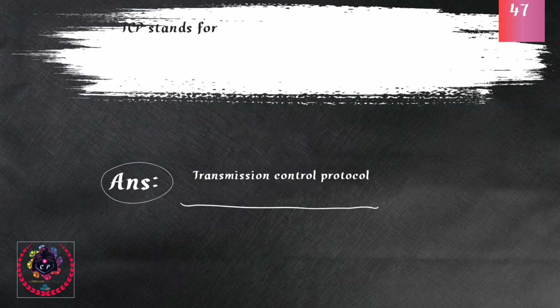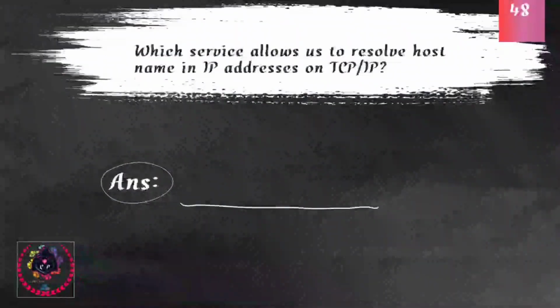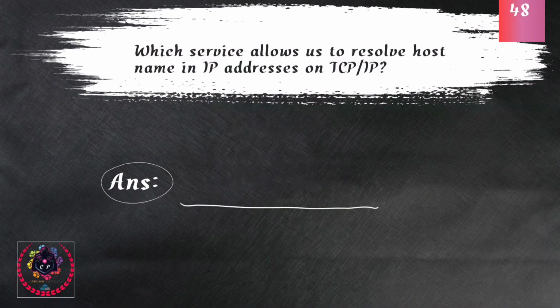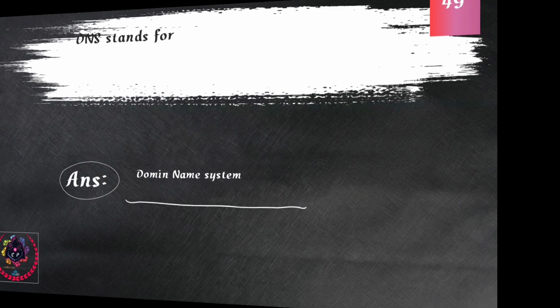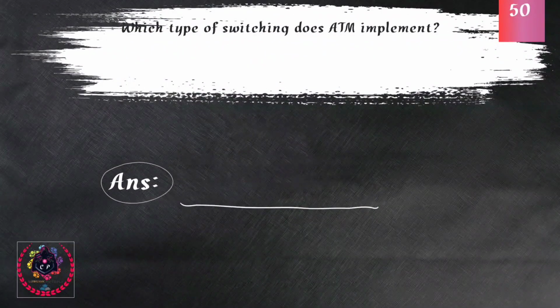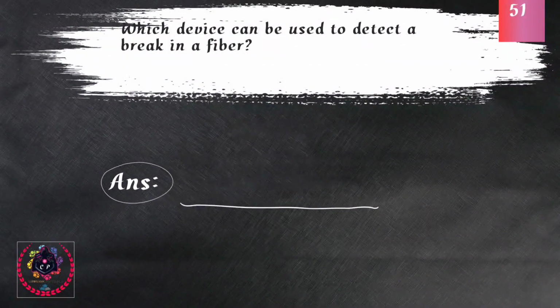TCP stands for Transmission Control Protocol. Which service allows us to resolve host names to IP addresses on TCP/IP? DNS. DNS stands for Domain Name System. Which type of switching does ATM implement? Cell switching. Which device can be used to detect a break in a fiber? An optical reflectometer.